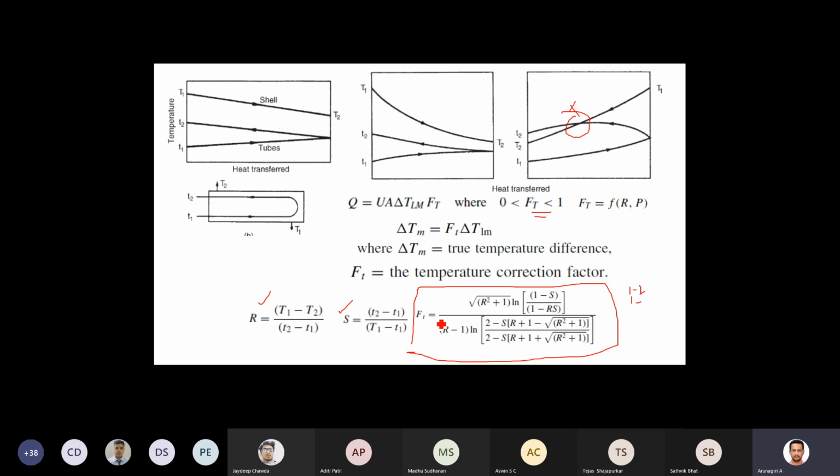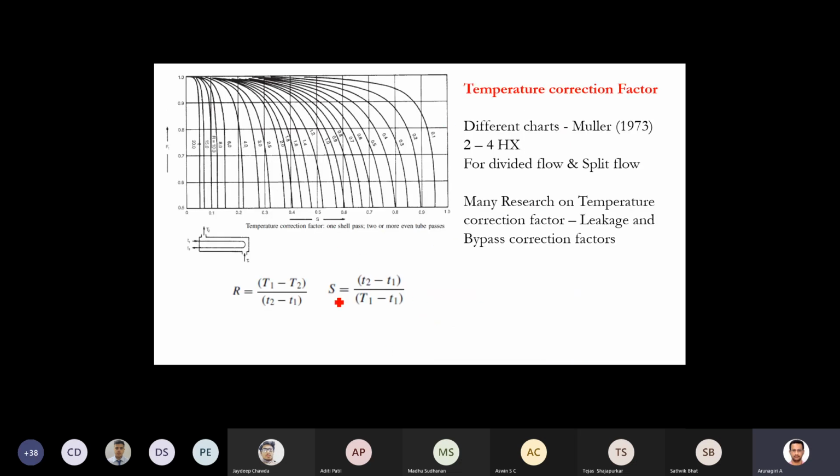This derivation is similar to your LMTD one, but that's not our objective. You can refer to D. Q. Kern to see how the equation is arrived at to calculate the FT values. This is the analytical expression to calculate the LMTD correction factor, and we also have many charts like this.